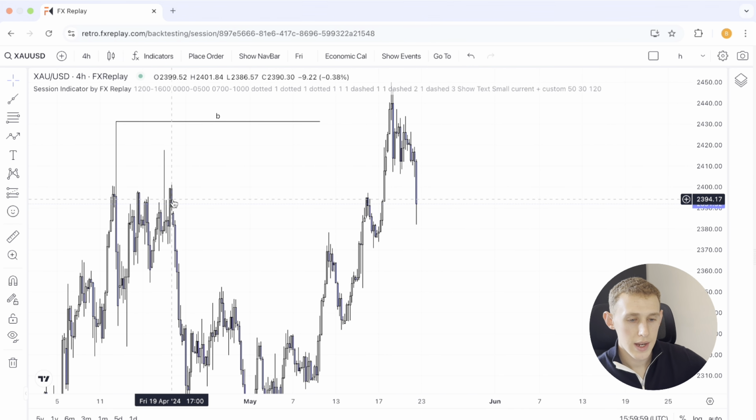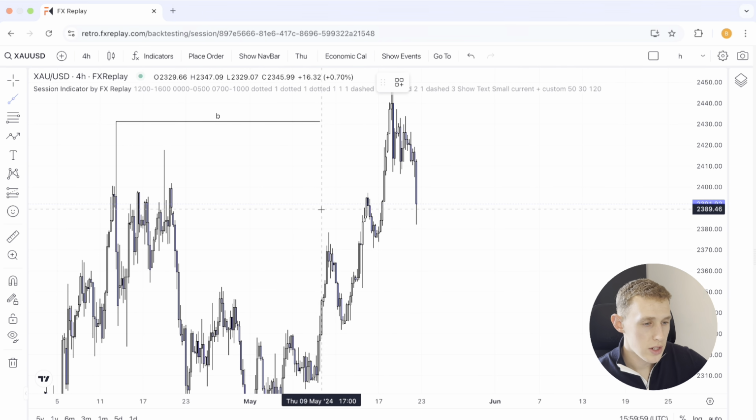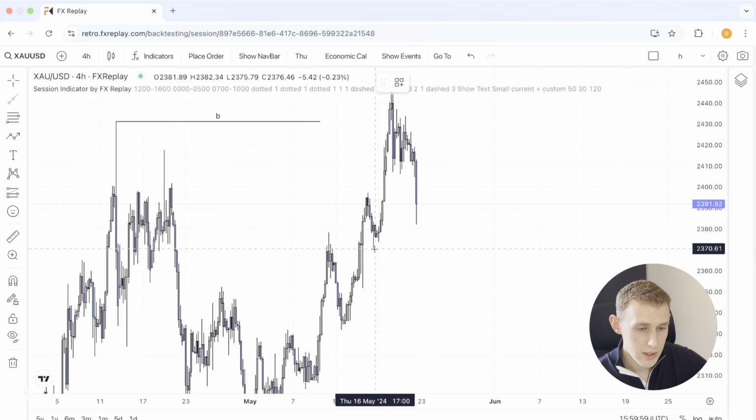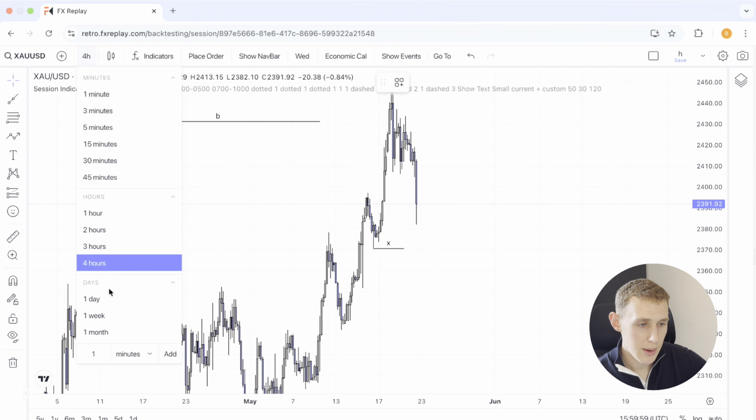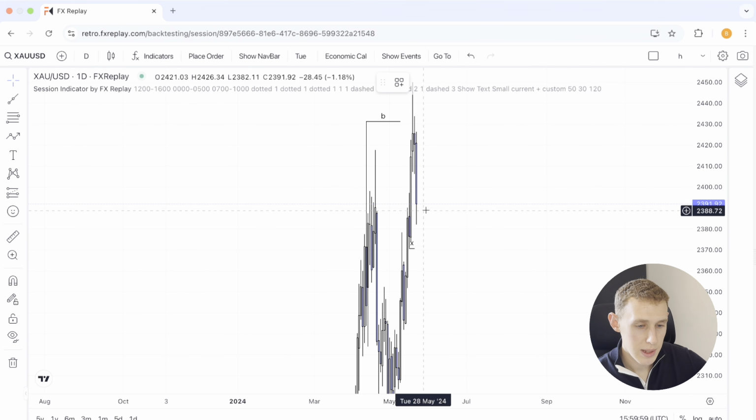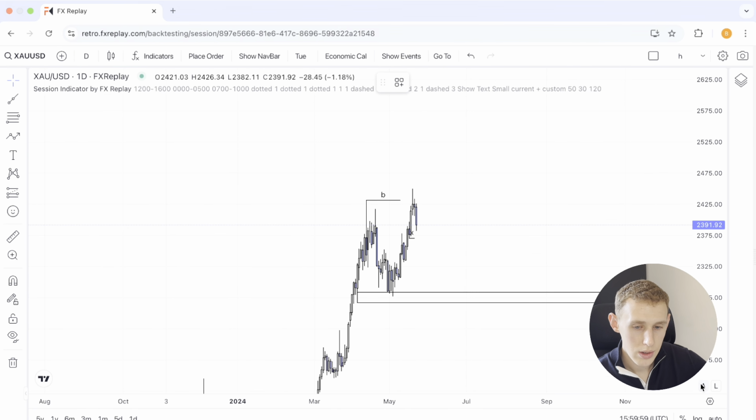Right, and in terms of the next point of interest I would look at here, notice how price is gravitating towards this previous low. So before looking to buy, I would at least want to see that low taken out because it is that daily demand low.